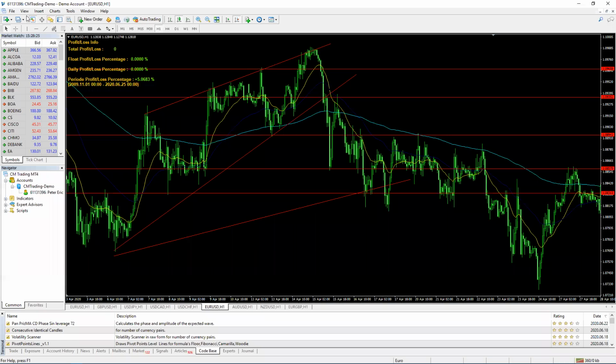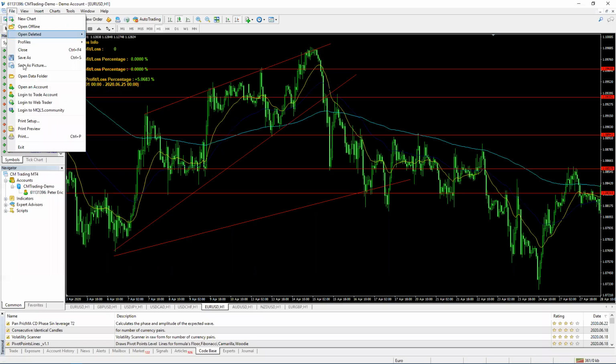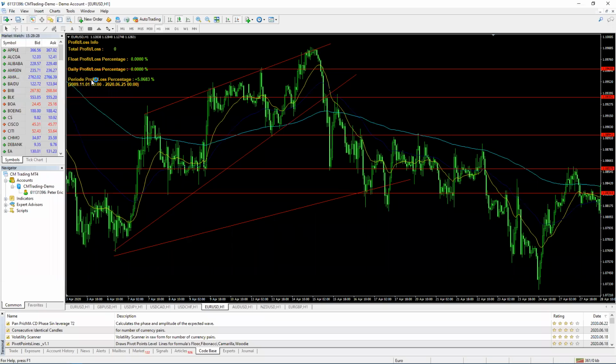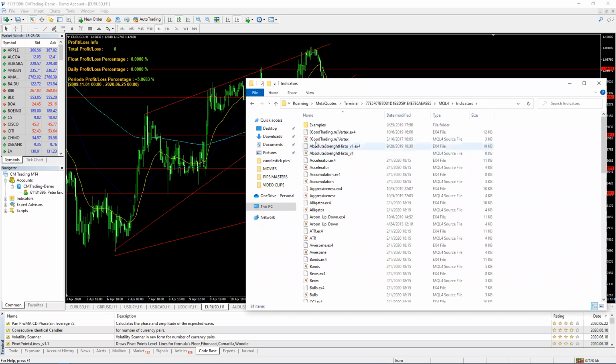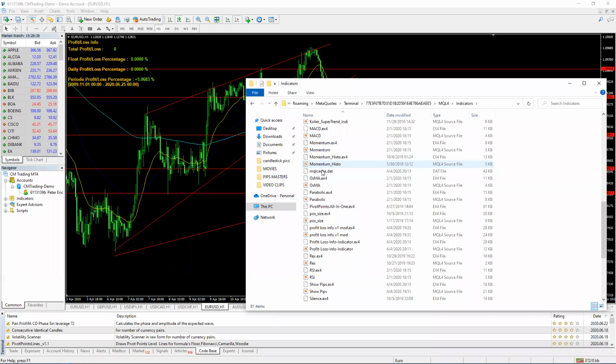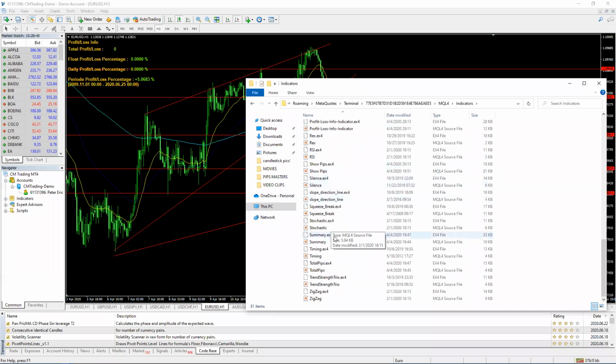The process: file, open data folder. Okay, so the data folder itafunguka MQL4 indicators. Okay, so you can see the indicators zenye niko nazo. After that, unaenda kwa whichever indicator you downloaded, drag it and drop it hapa ama copy paste it.